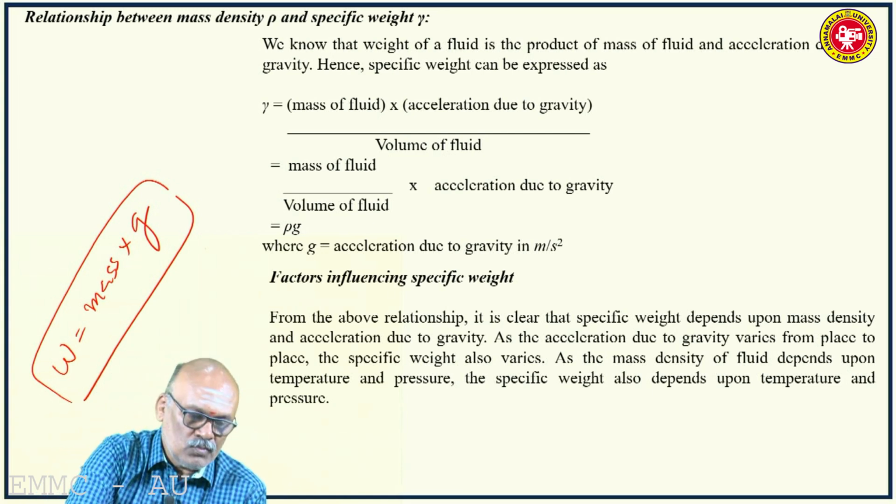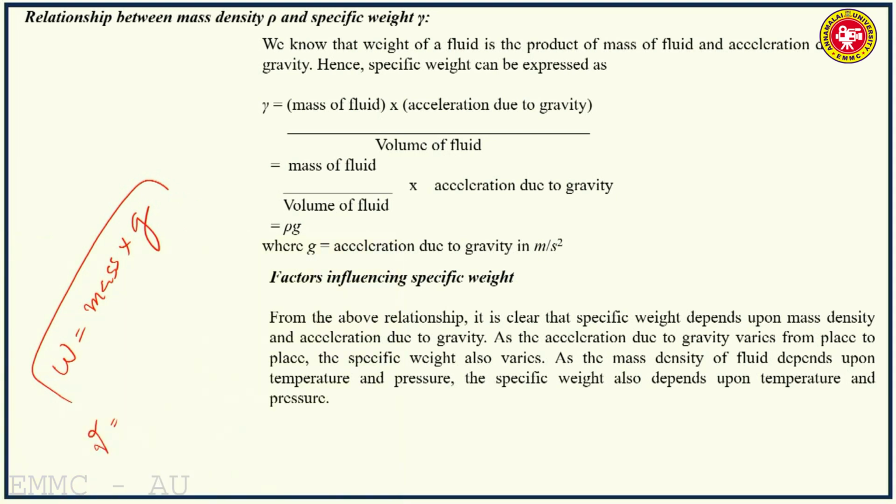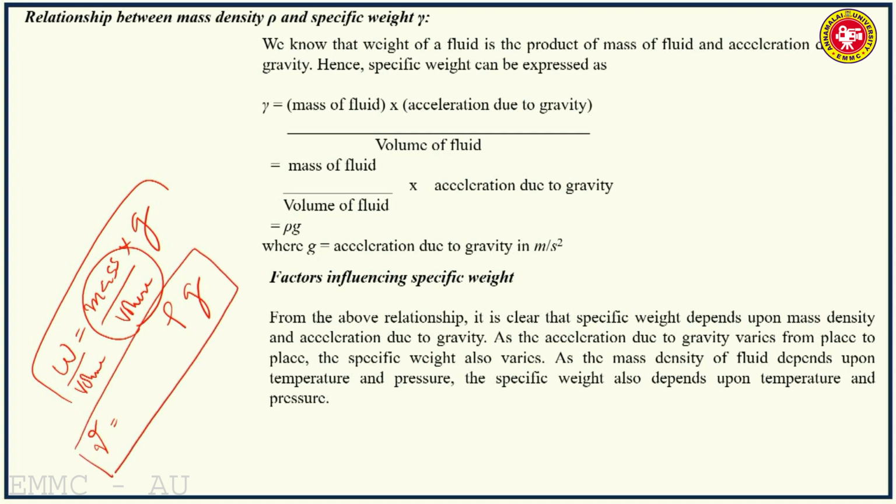Specific weight is weight by volume. If you divide the left hand side by volume, the right hand side also you divide by volume. Mass by volume becomes mass density, then g. So specific weight is equal to mass density times the acceleration due to gravity, g times rho.